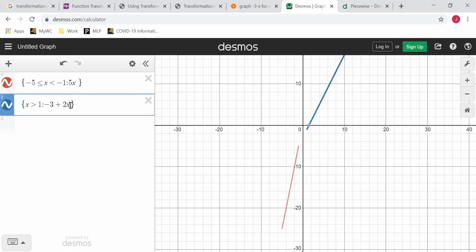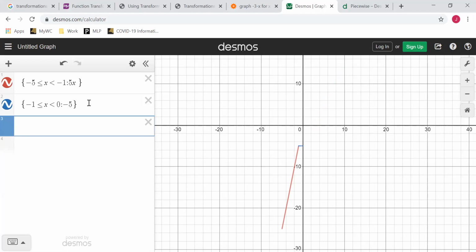Then for all x values between -1 and 0, but not including 0, I want it to be the function -5, a constant function, which means it would create a horizontal line. And then finally, I want it less than or equal to 2. I want it to be a quadratic.